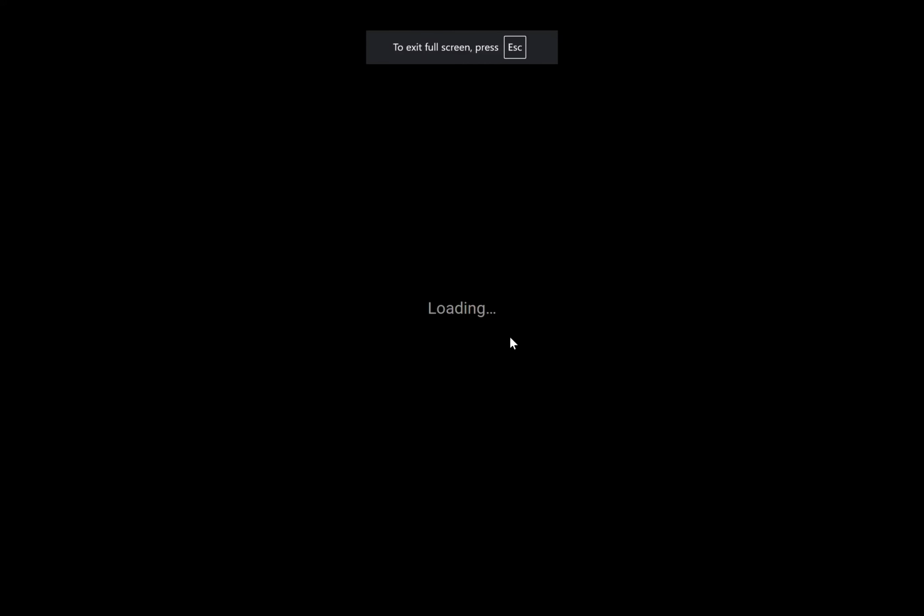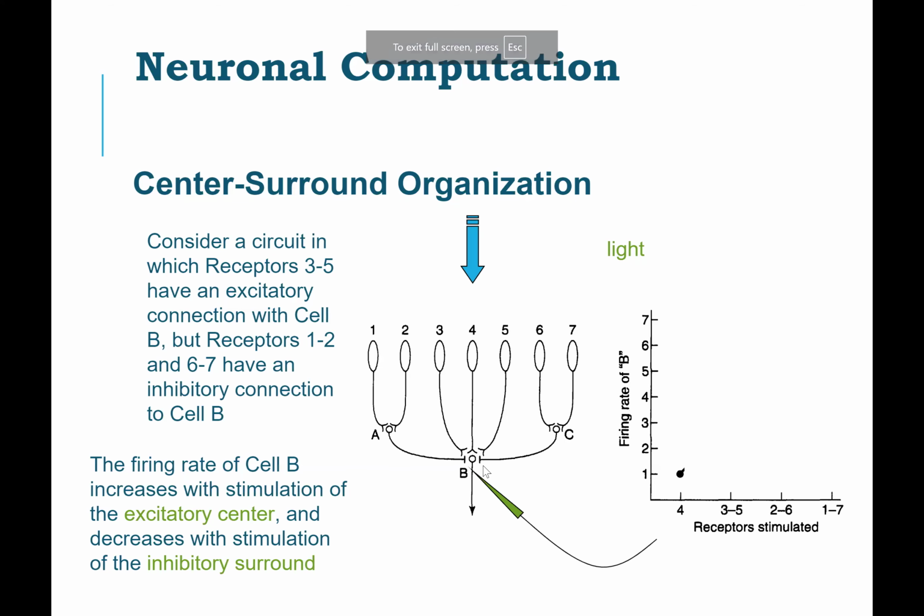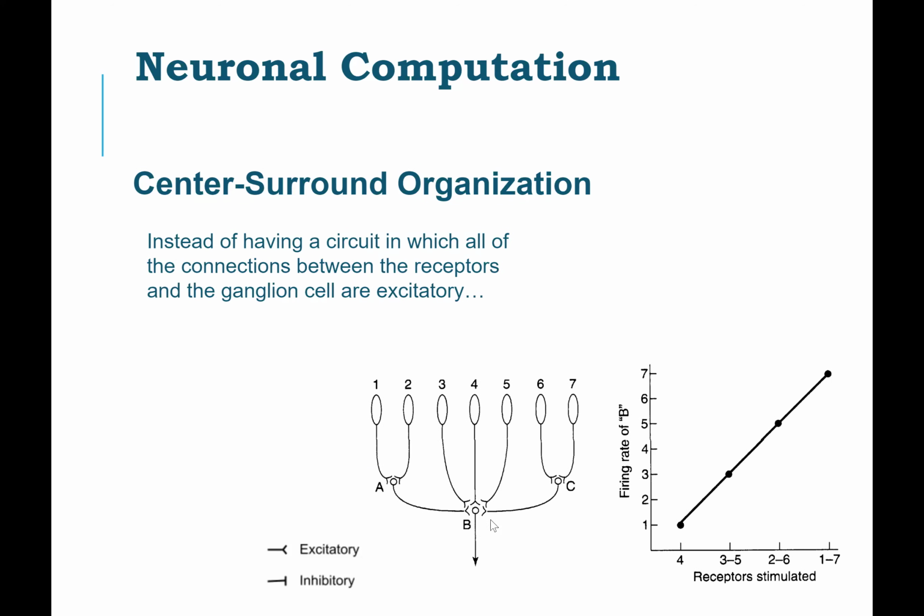So let's take cell B here, and you've seen this graph, you worked with them, and you studied them for your exam. As you can see, all the connections here are excitatory.